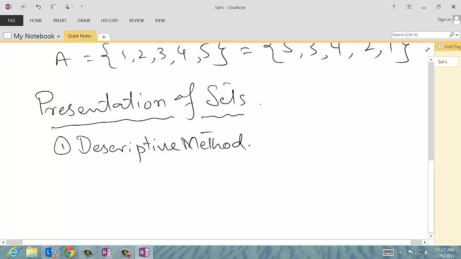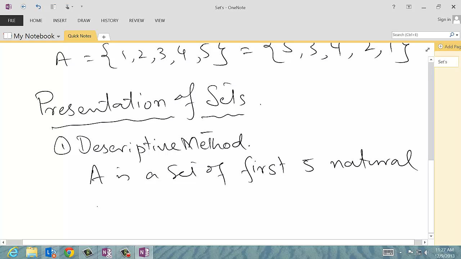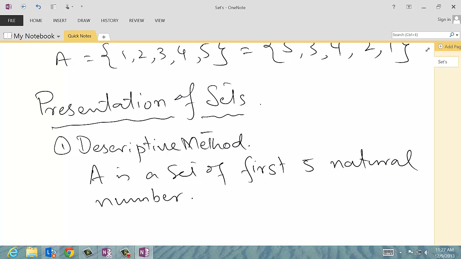And what is a descriptive method? For example, the example we were just talking about, A is a set of first 5 natural numbers. Well, in a bit we are going to explain what the natural numbers are, but for now just take them as counting numbers.